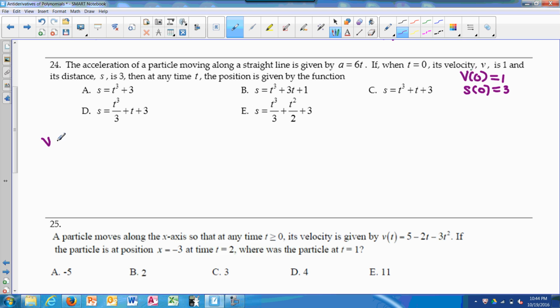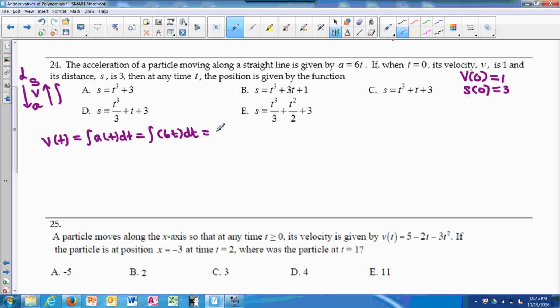So we know that going backwards, and we'll write it out: position, velocity, acceleration, down for derivative, up for integral. So think of down for d for derivative. We know the velocity function is going backwards from the acceleration function. So we're going to go backwards from 6t with respect to t.